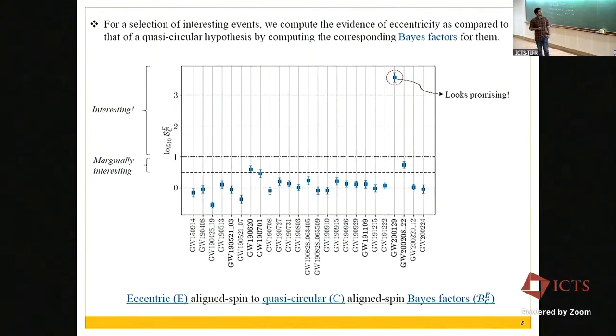If this value is between 0.5 to 1, we can say that this is a marginally interesting event and is in the support of eccentric hypothesis. But if it's above 1, we can definitely say that it's interesting. And so far, we have been observing only one very interesting event and three marginally interesting events. So I'll discuss some more about this particular interesting event, GW200129.